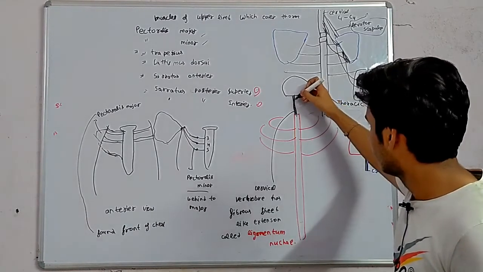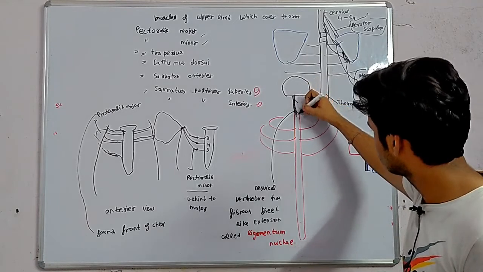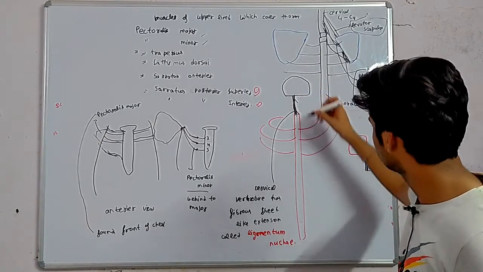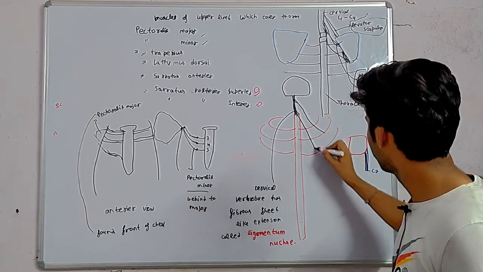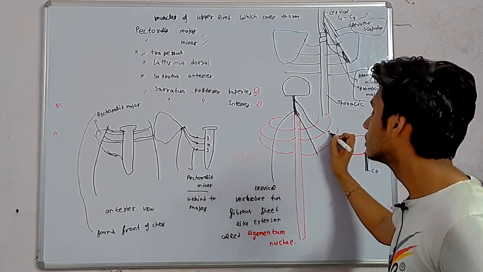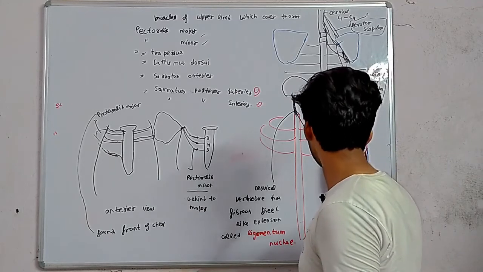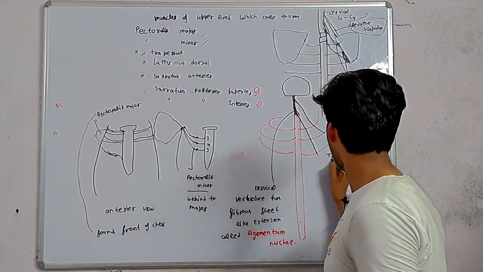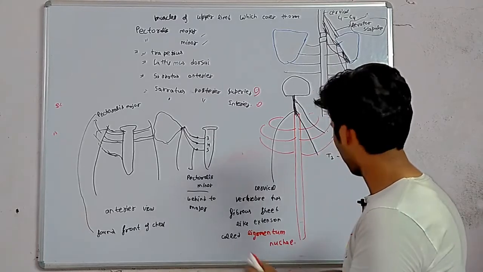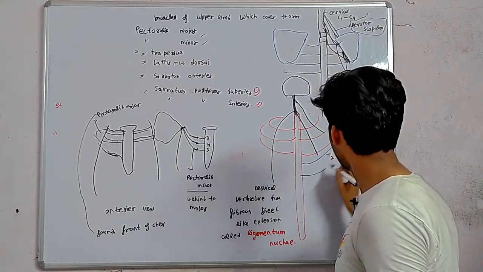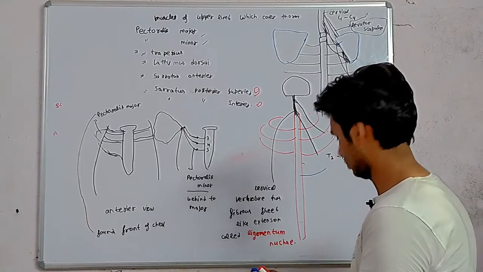From this, a muscle starts and goes to the second to fifth ribs, T2 to T5.